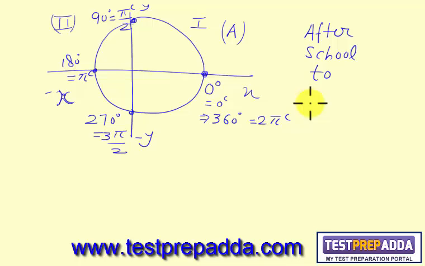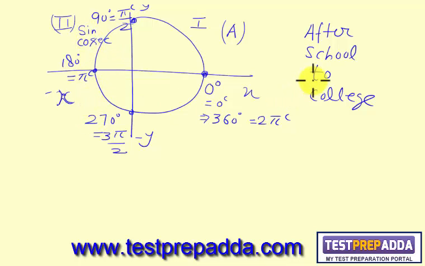After school to college. After school to college. All trigonometric ratios, after means all trigonometric ratios are positive. School starts with S. That is why here we say sine. Sine and its reciprocal cosec. These two are positive.